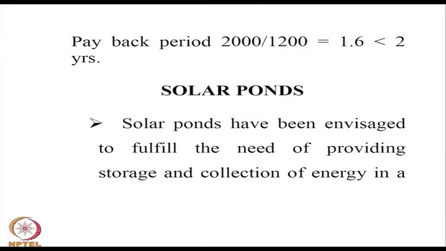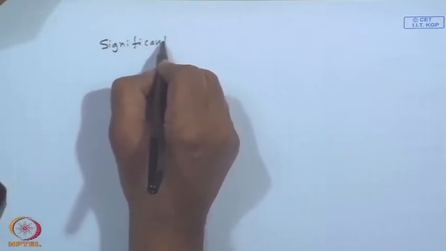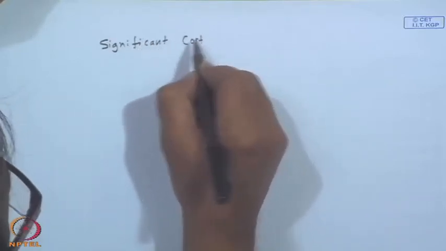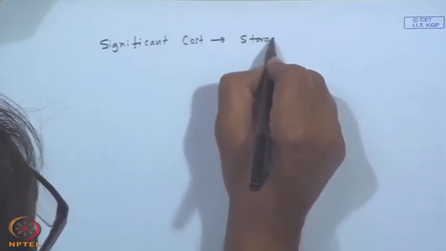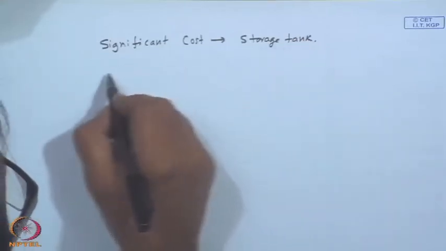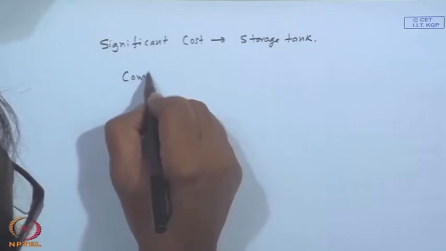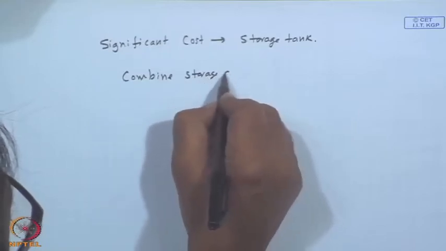Now, if you look at active solar energy systems employing, let us say, flat plate collectors, a significant cost goes to storage tank. There are ideas, can we combine storage and collection?